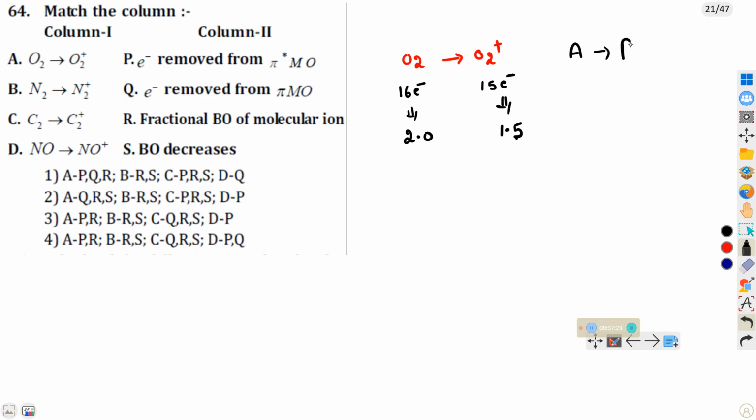So P is correct and the bond order value decreases. Yes, also correct. Fractional bond order of the molecular ion. Yes, fractional bond order of the molecular ion.